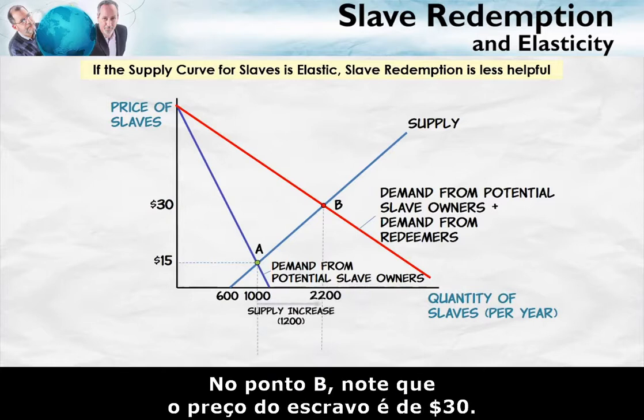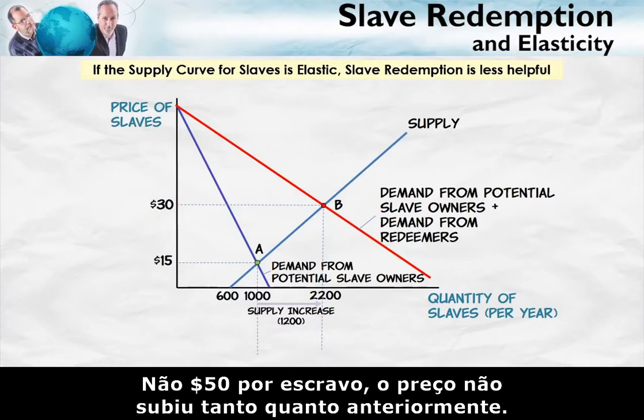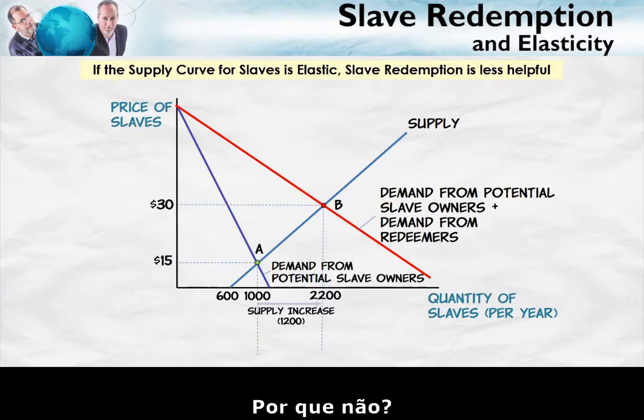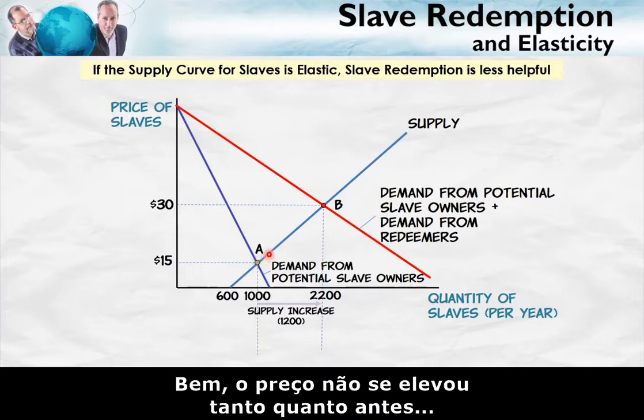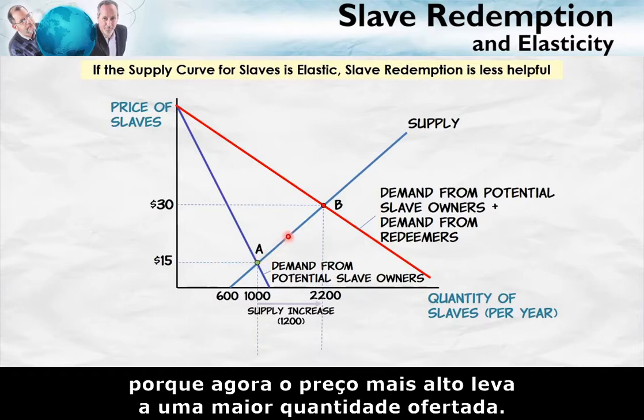At point B, notice that the price of slaves is $30 per slave, not $50 per slave. The price has not gone up as much as it did before. Why not? Well, the price hasn't gone up as much as it did before because now the higher price induces a greater quantity supplied.